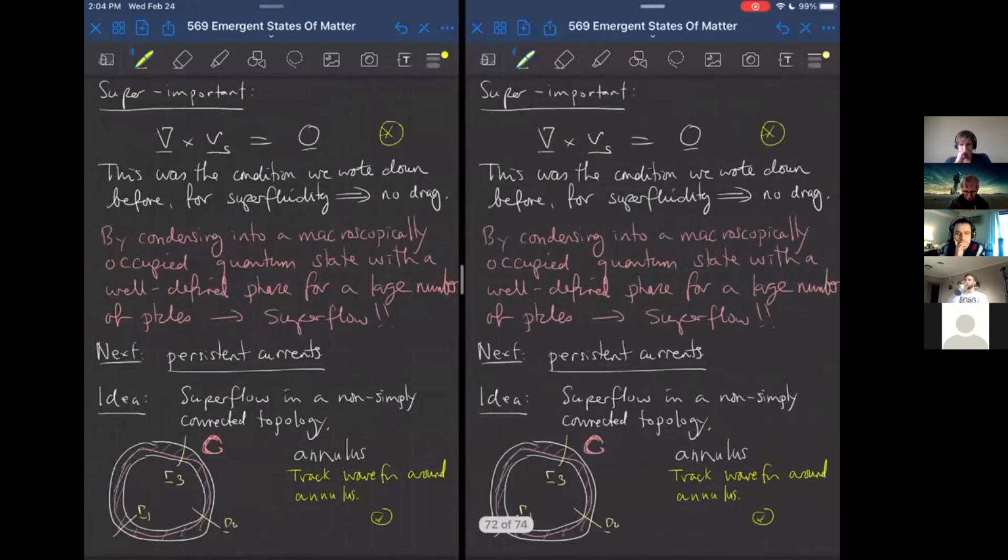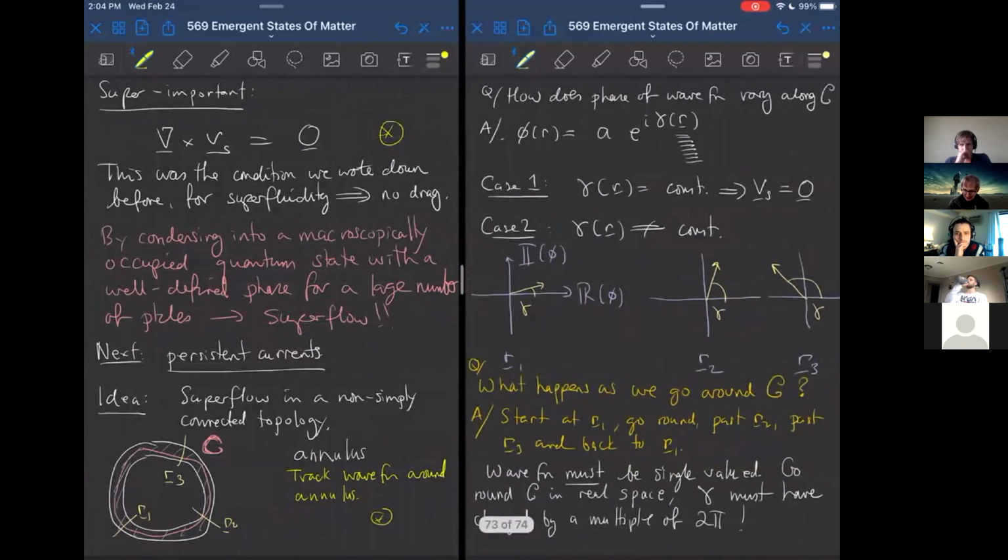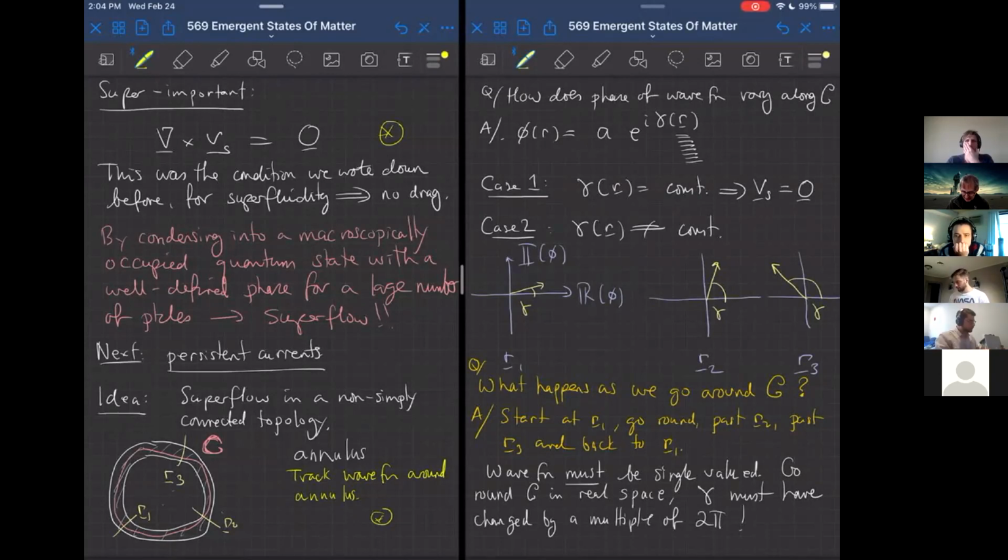So let me just draw the annulus over here. Here are these points R1, R2, and R3 on the left, and on the right here I've sketched for you what the wave function might look like in the Argand diagram at those different points, and you can see that the phase is varying.